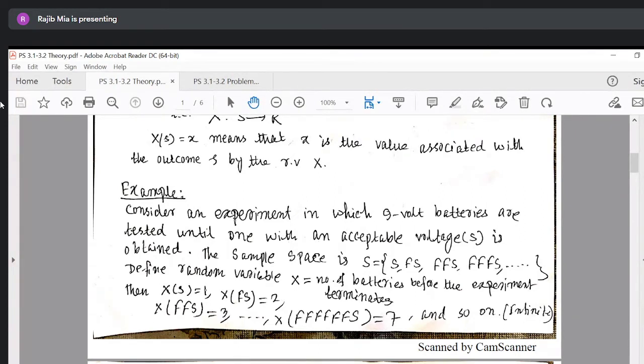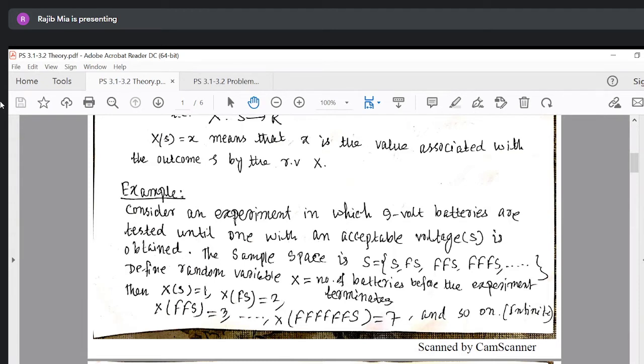Up to this point we have tested only one battery, so X of S equals 1. Similarly, for the second outcome FS, we have tested two batteries, so X of FS equals 2, and X of FFS equals 3.